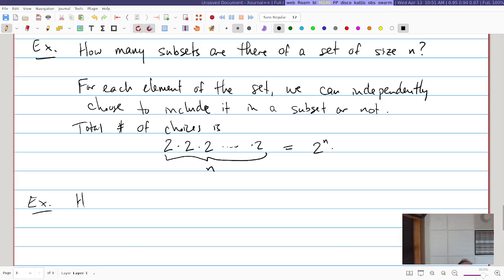For example, how many binary numbers are there with n bits?